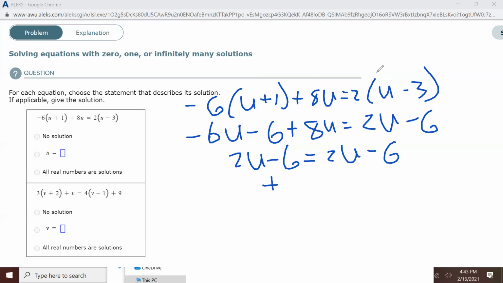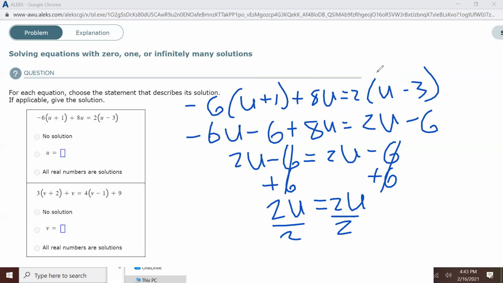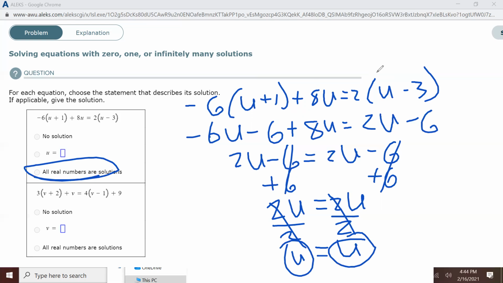If I add 6 to both sides, I get 2u equals 2u, and if I divide both sides by 2, I get u equals u. So it doesn't matter what I plug in for u, the variable, I will plug it in on both sides, and therefore I will get all real numbers are solutions.